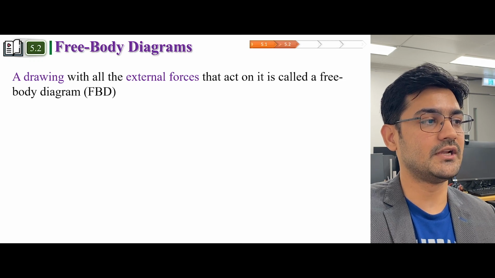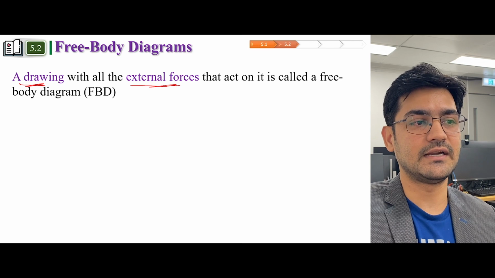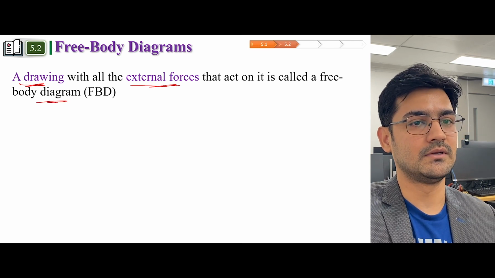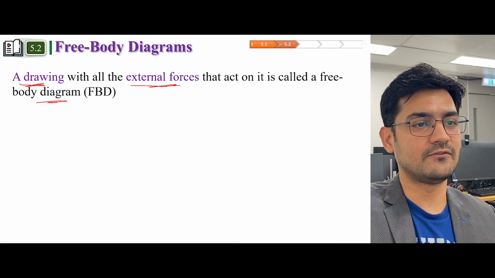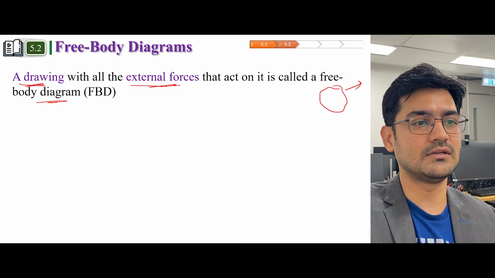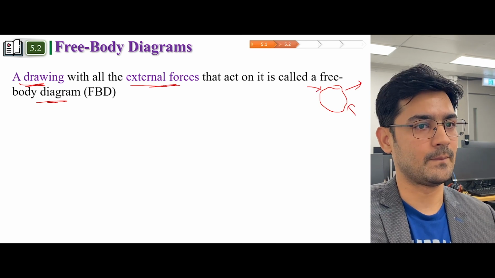By definition, a drawing with all the external forces that act on it is called a free body diagram. So basically you have a free body and you try to figure out what are the external forces acting on that body.